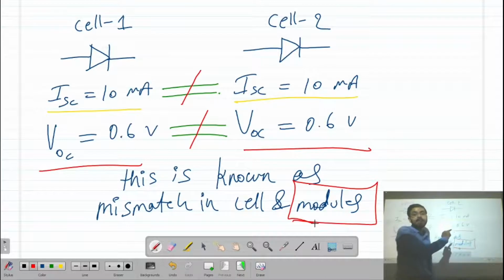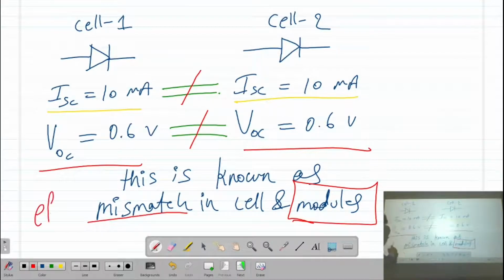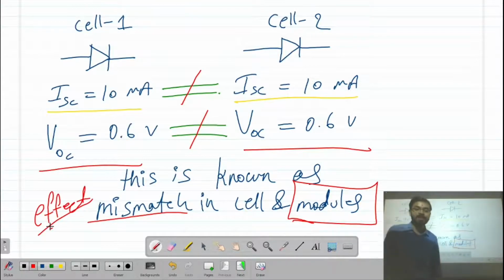We will see the effect of mismatch later on, but first we will see what are the reasons that are responsible for this kind of mismatch generation.